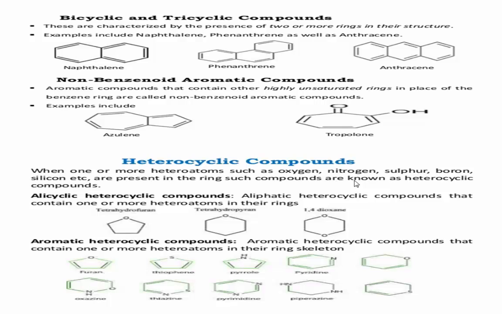When you observe the organic compound, one or more carbon atoms is replaced by hetero atoms like nitrogen, sulfur, oxygen, etc. Yes, some examples are given here. In this structure, the carbon atom is replaced by an oxygen atom. Here a carbon atom is replaced by sulfur. In pyrrole, a carbon atom is replaced by NH. In pyridine, nitrogen is present.